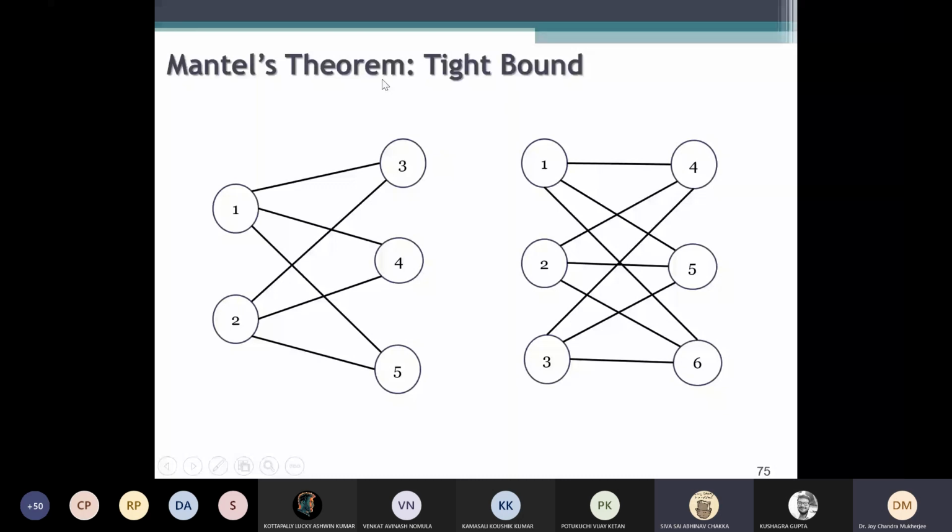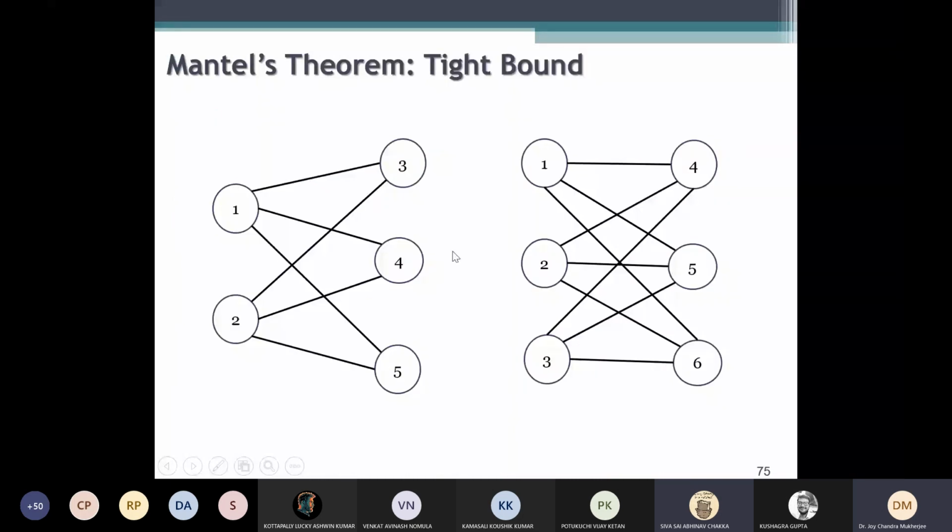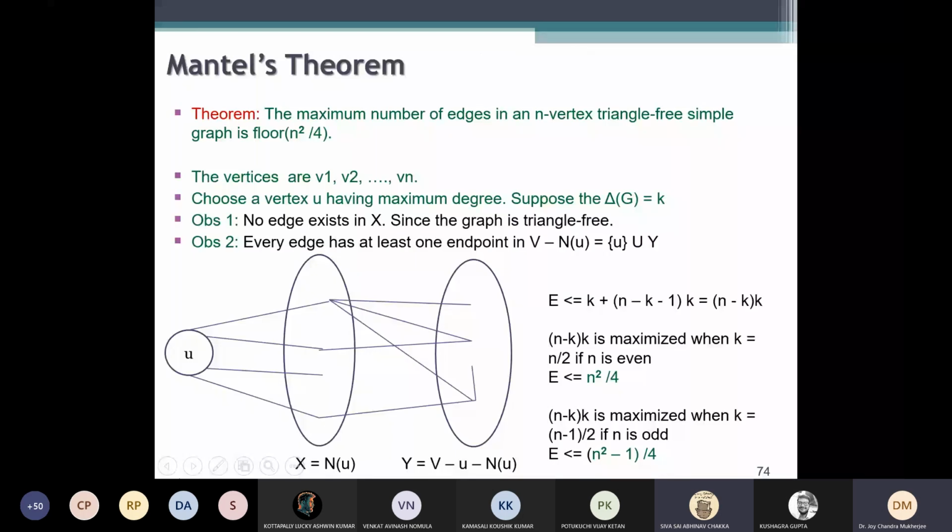So that tight bound is achieved when we get a bipartite graph, and we know that a bipartite graph is a triangle free graph. Why is it a triangle free graph? Because a property of a bipartite graph is that it doesn't have an odd cycle. A triangle is an odd cycle, right? So this is a very good theorem. It is a nice theorem, which you can see characterizes bipartite graphs also.